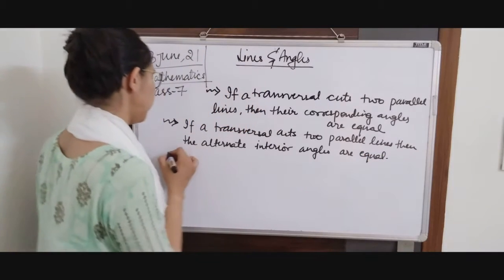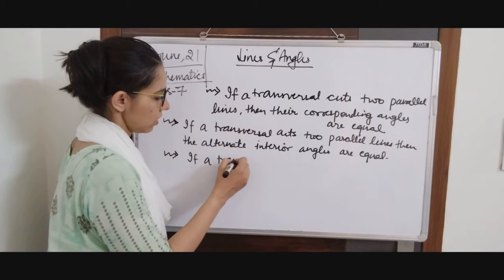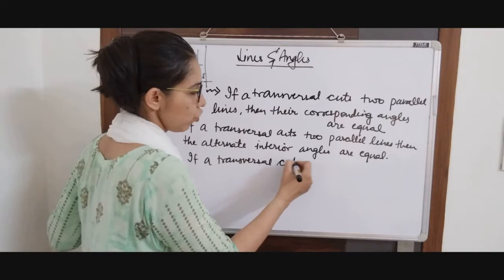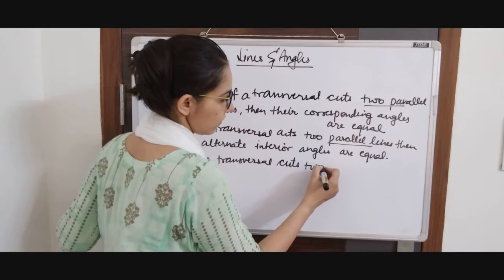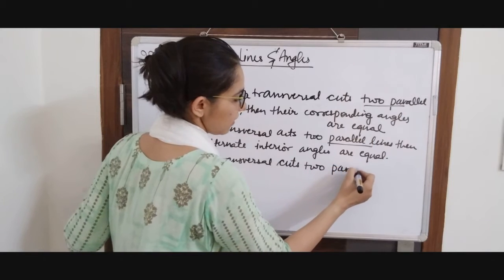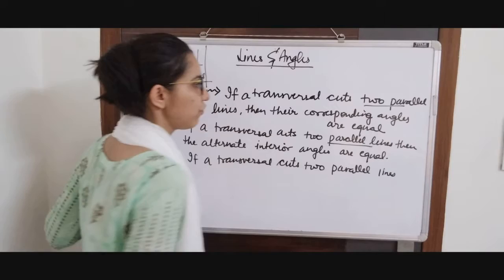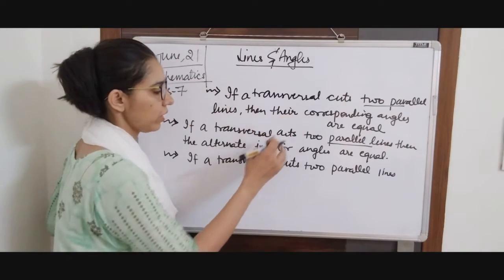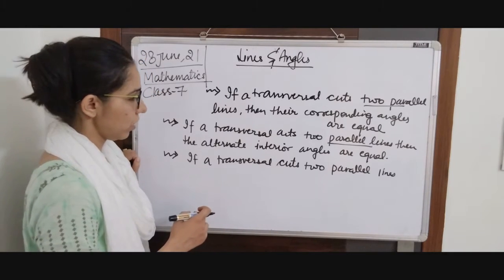And the third property is: if a transversal cuts two parallel lines. Parallel lines are important. If these lines are not parallel, then the angles may or may not be equal. But if the transversal is cutting two parallel lines, then their alternate interior angles have to be equal.